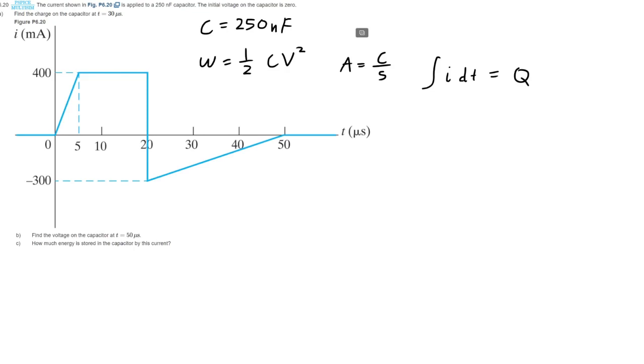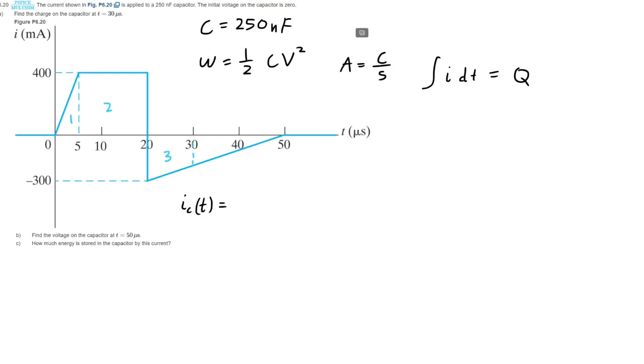So we're going to break it up into 3 regions: region 1, region 2, and region 3. The first 2 regions are simple geometric shapes, so we can just use simple rules to find the charge there. But I'm going to write out a little table because we're going to use these values in a minute.